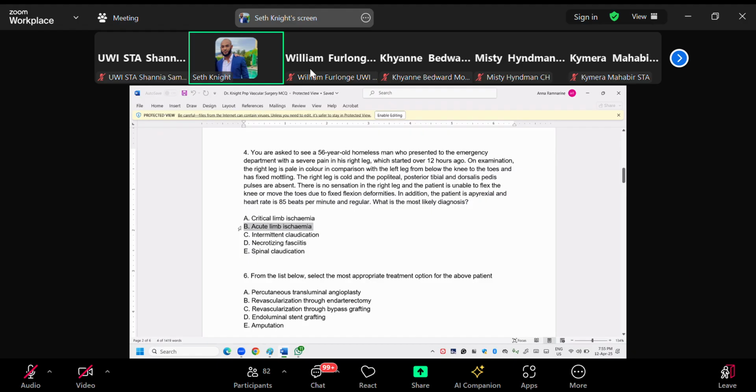Now, there are tricky questions, and I'm going to use this question to tell you all. Based on this history, it might be more difficult to determine because they didn't give us enough clues. Is this acute limb ischemia secondary to an embolic phenomenon, or secondary to a thrombotic phenomenon? Usually what they would tell you is the patient probably had AFib and therefore it will be embolic. But if the patient has a prior history of claudication, then this is usually acute on chronic limb ischemia, right?